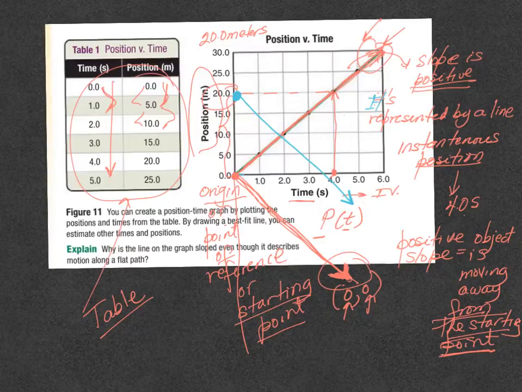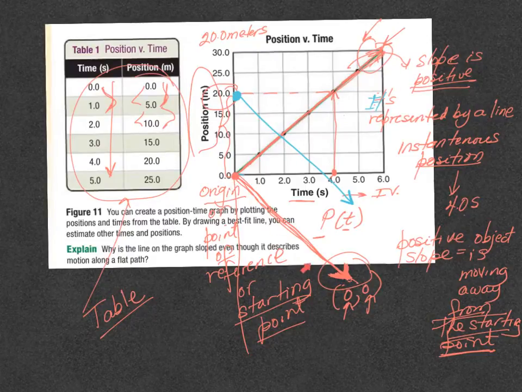Okay, so one more time. If the slope is positive and you have this situation, it's because it's moving away from the point of reference. But if you have another situation in which another quadrant of the coordinate system is used, you're going to have a negative slope, but still it's going to be moving away from the reference point.